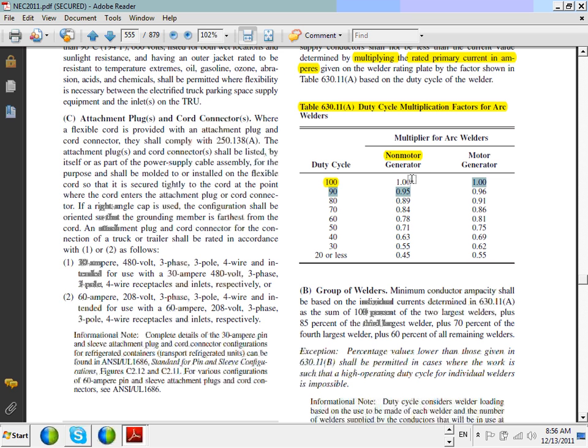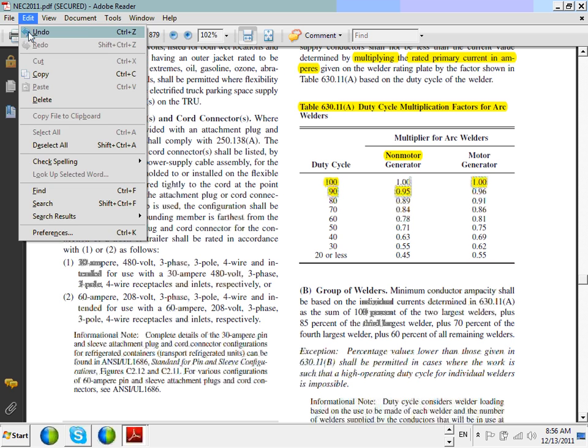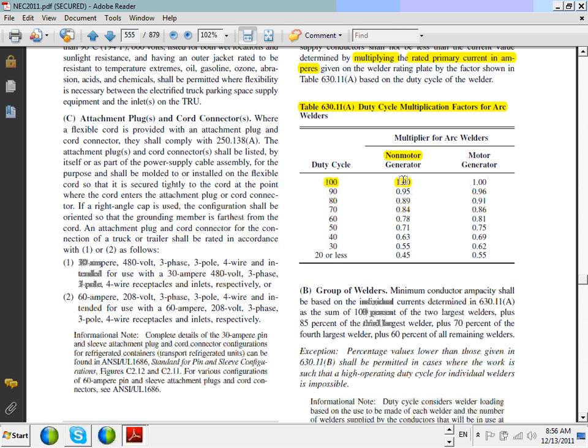What's the derating factor from this table? Everybody can see the 1. This is where the second one came from. So what you do, guys, is take the full load amp and multiply by the cycle. At 100% cycle, you don't derate at all. If it's less than 100%, you start derating the amps because it's not going to be fully engaged at the same time.